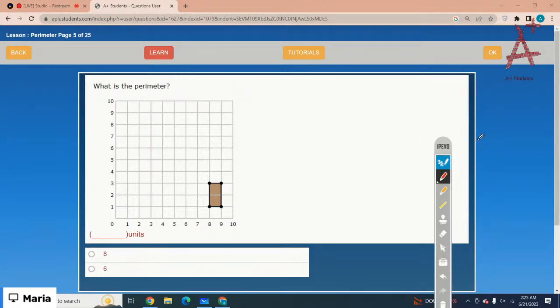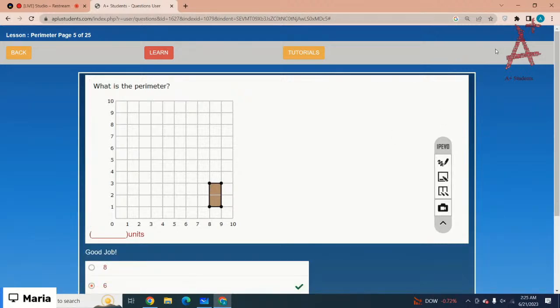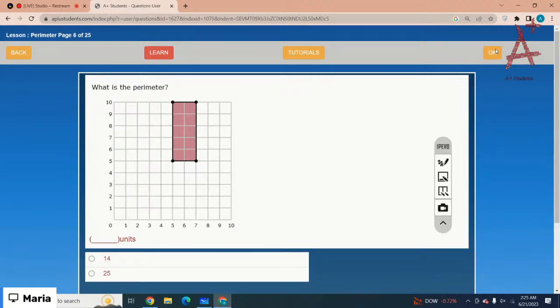Yes, it is 6. What is the perimeter? That would be 14.